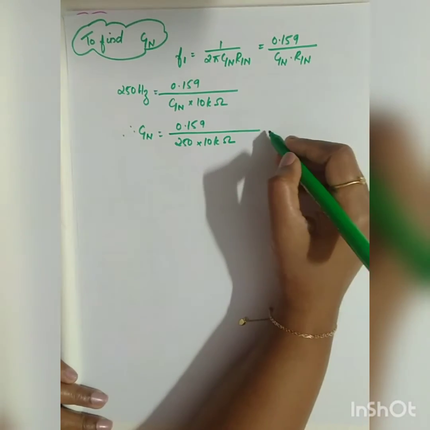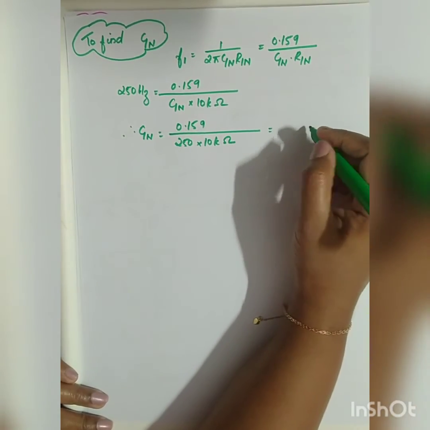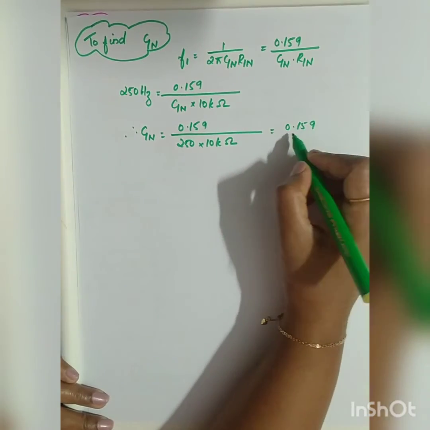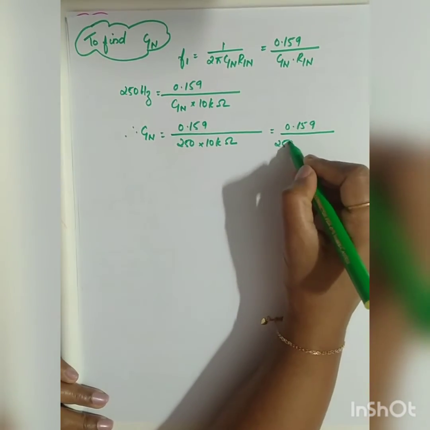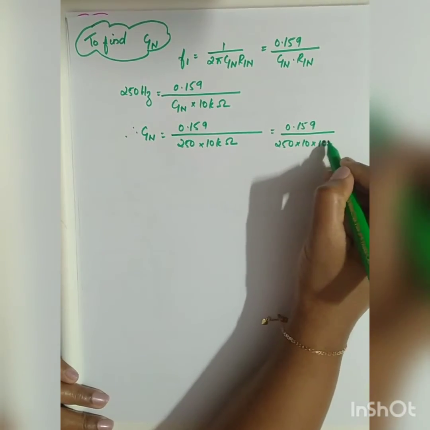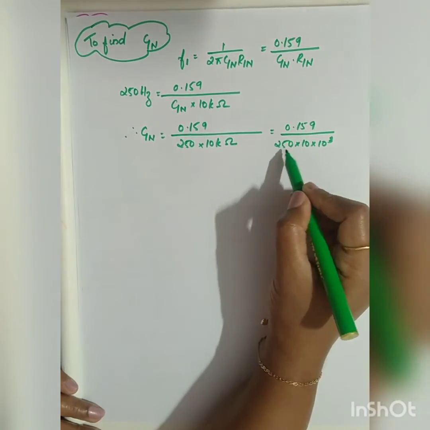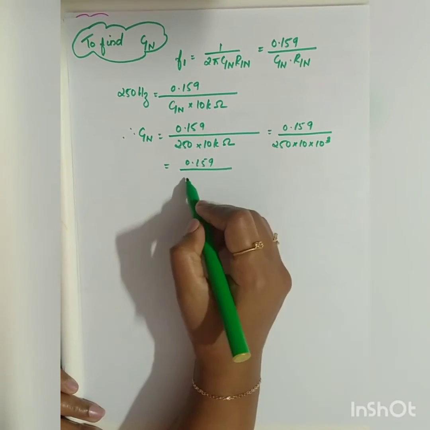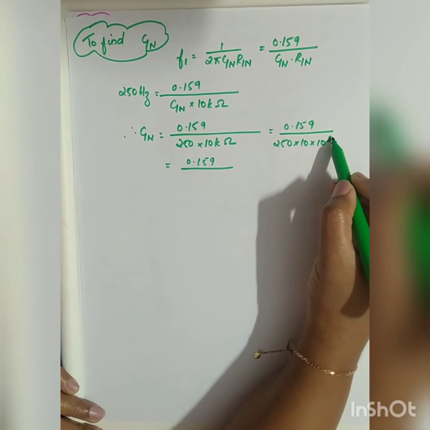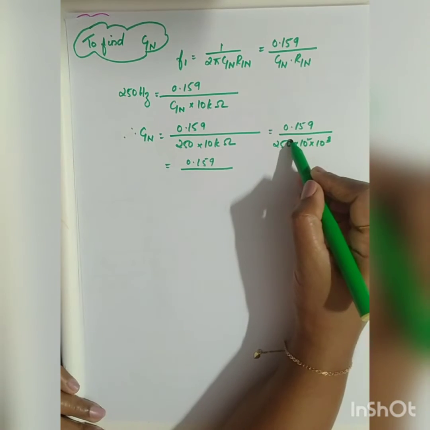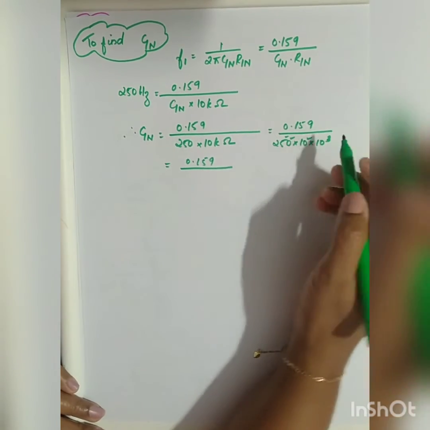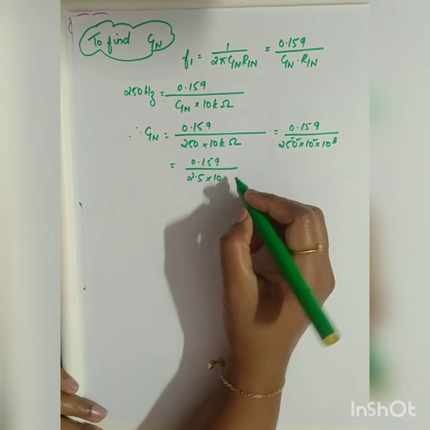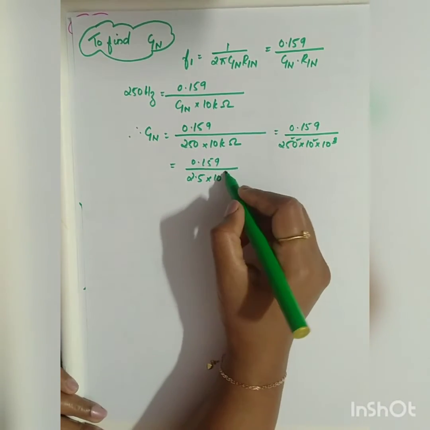So I can write it as 0.159 divided by 250 into 10 into 10 raised to 3, which gives 2.5 into 10 raised to 6.